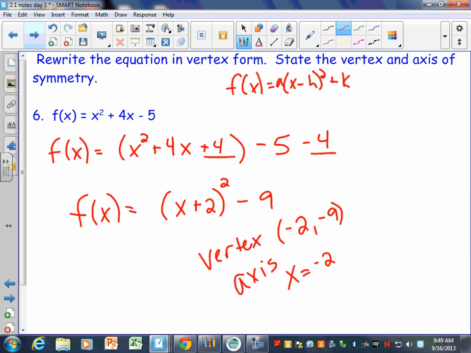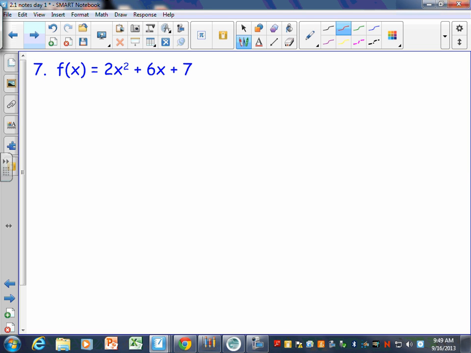That's the easy part, right? The hard part is when there's a number in front of x squared, or it's not an even number, right? And that's where things get a little bit uglier. So let's do a couple more. They can't all be this easy. And this is where I'm a big fraction fan, and I really try to convince you to keep fractions as well.